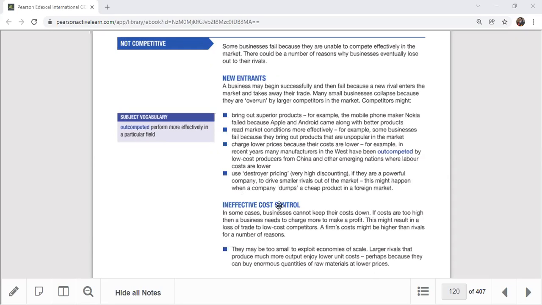This might happen where a company dumps cheap products in a foreign market. Once this situation happened in France, where Amazon sold their books without charging shipping cost. So the book prices were extremely low compared to the local prices. Then a lot of customers purchased from Amazon because the prices were very cheap.